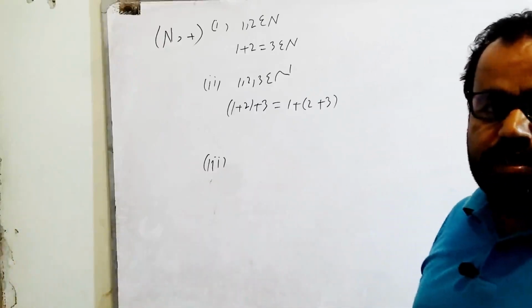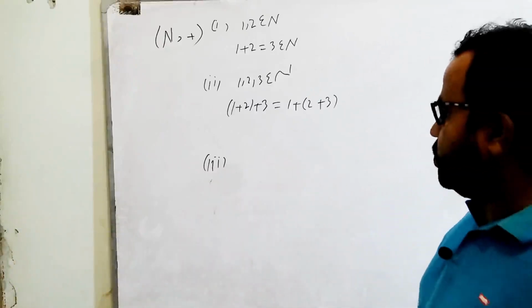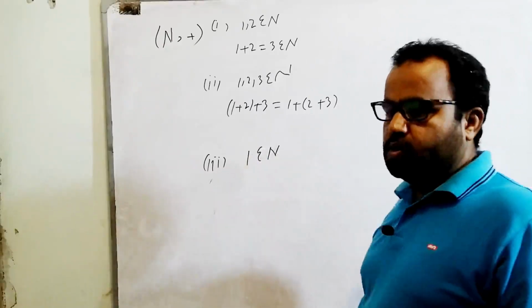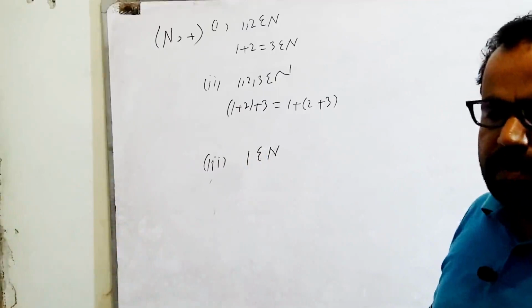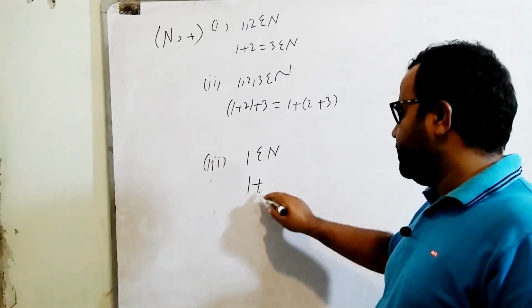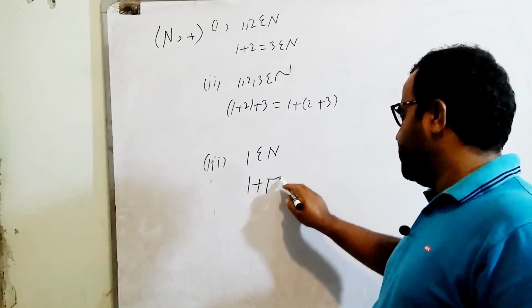Okay, and if we talk about the additive identity, 1 is a natural number. So is there any natural number such that when we add it to 1, our answer is 1?